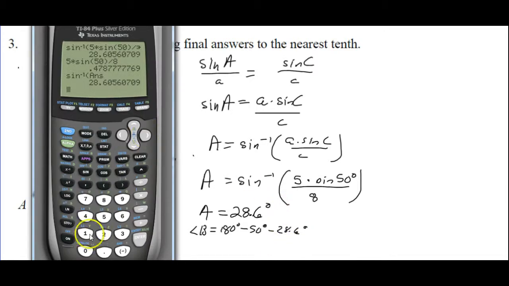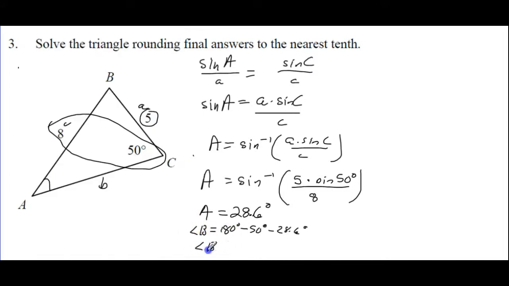And all I'm going to do is go 180 minus 50 minus, and go second answer to bring this number in, and hit enter, and we get 101.4 degrees. So angle B is 101.4 degrees, and we can now check 2 items off of our list, and the only thing we need to find now is side B.